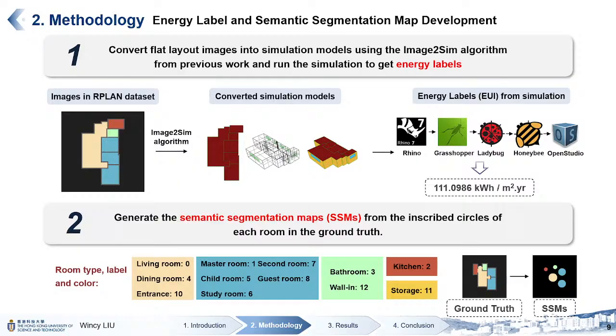This is from our previous work, so we can automatically convert all the flat layouts into simulation models. After we get all the energy labels, we now have the ground truth. One is the R-Plan geometry layout, and another one is the energy labels. So we have got all the ground truths, and the next step is to prepare our input.